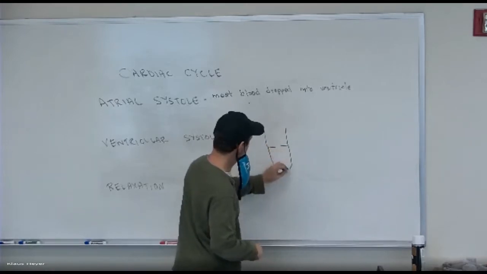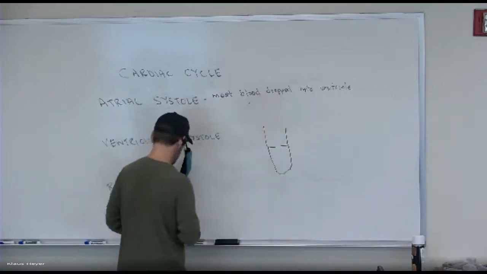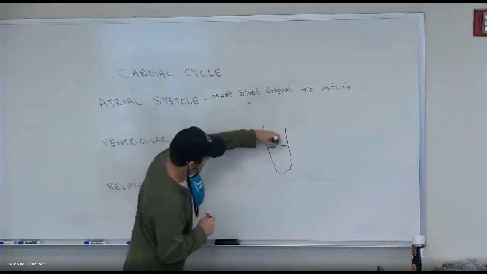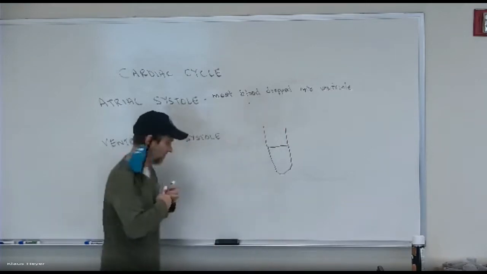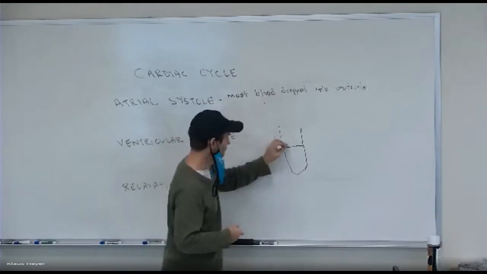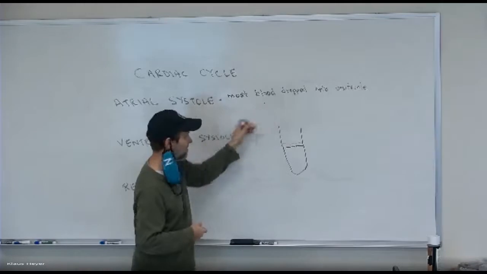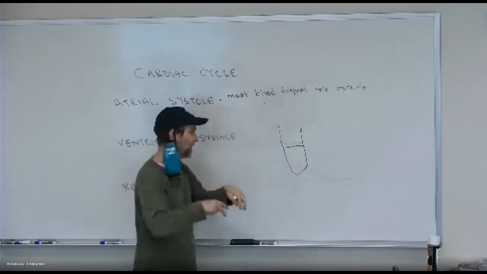Here's a ventricle. So when the heart's relaxed, blood's filling this atrium. It's just kind of dropping in. There's the vena cava, and the blood's just filling it up.